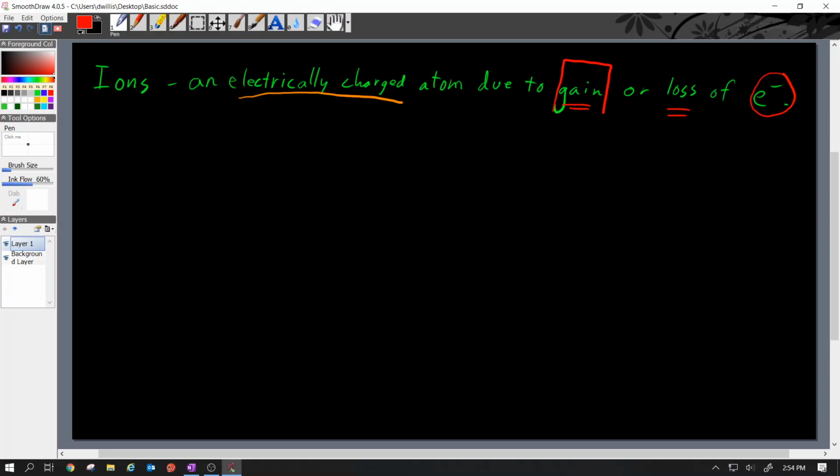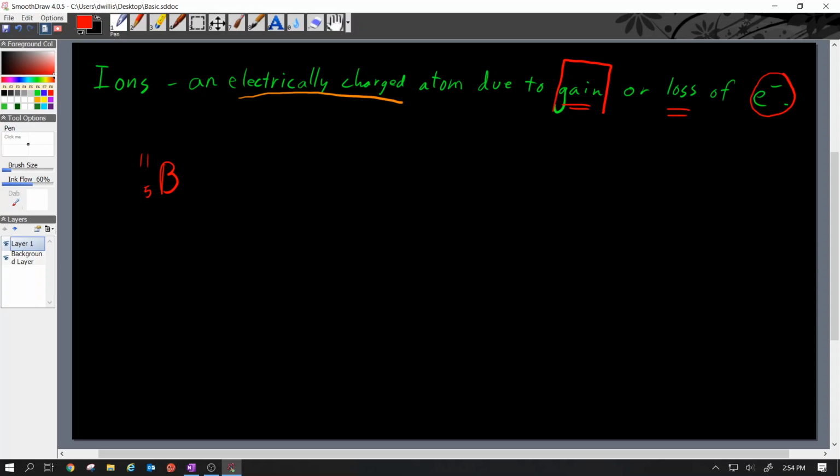Let's just say that I have a boron atom. And boron is what atomic number? 5. All right, it is an atomic number of 5. What is boron's mass? It's 11. So technically we would write it like that.